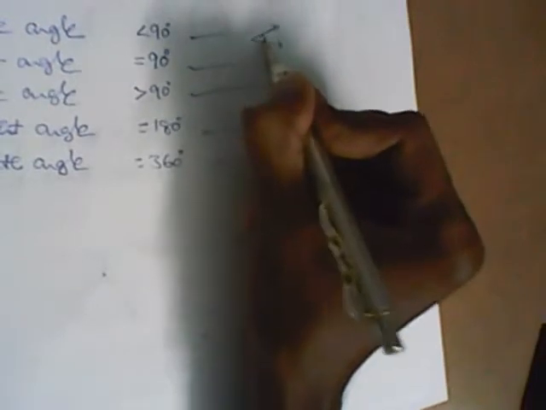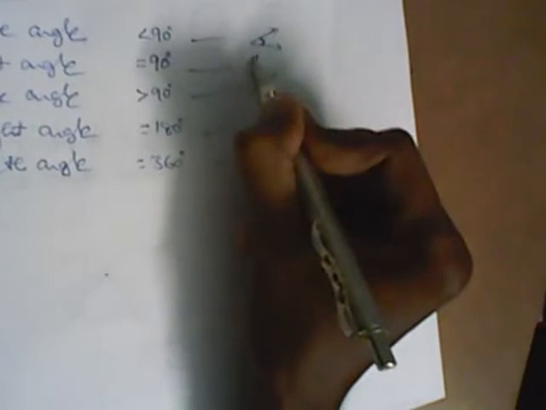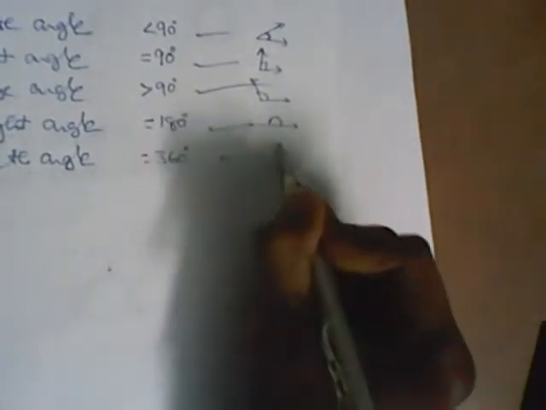The diagrams are like this here. We can identify this as an acute angle, this as a right angle, this as an obtuse angle, this as a straight angle, and this as a complete angle. These are the different types of angles.